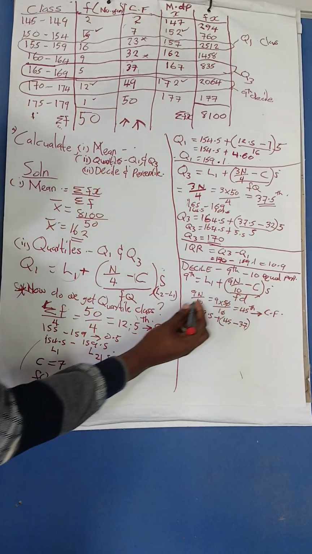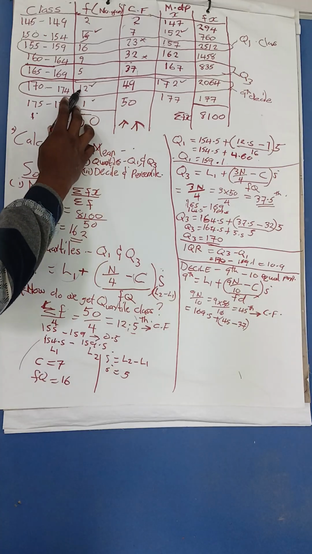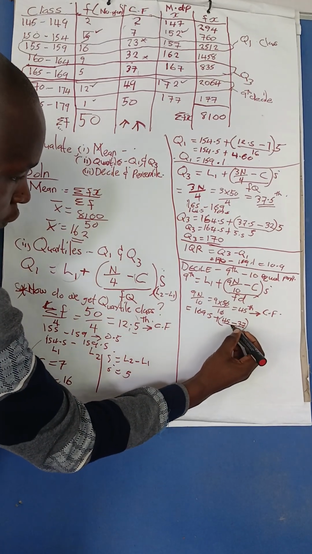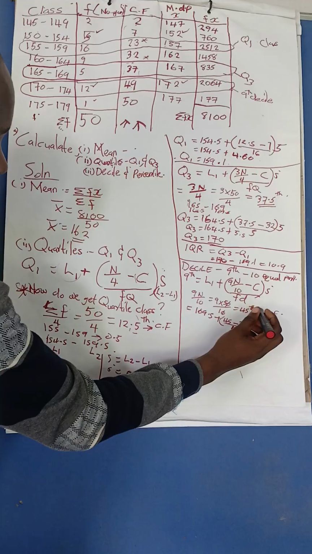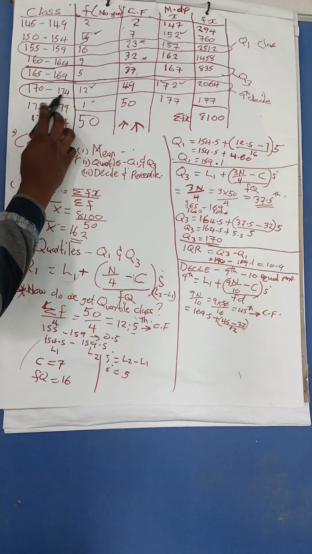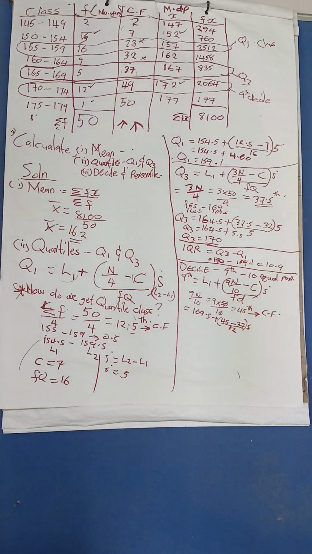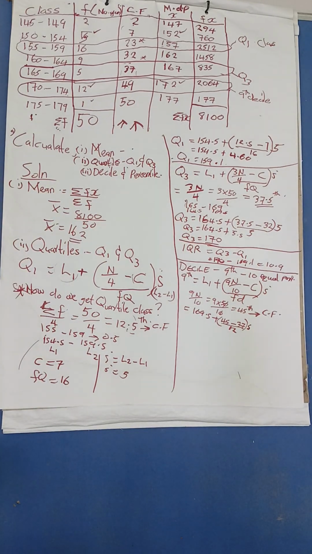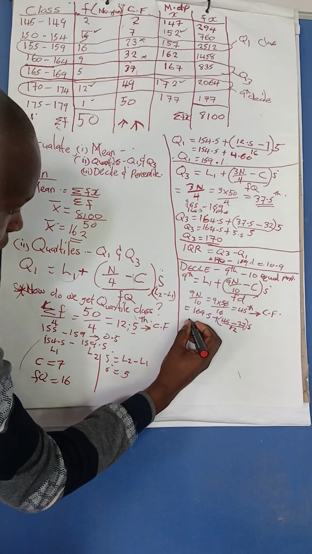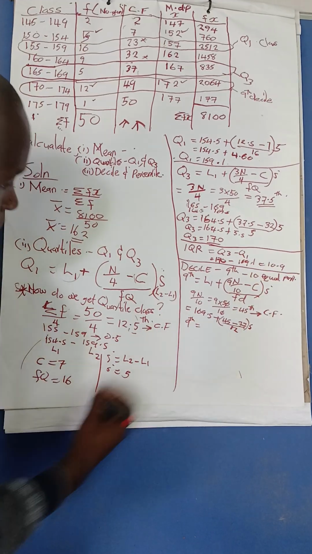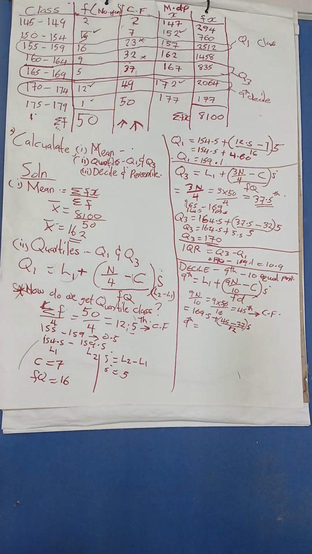Then you divide by the frequency of the decile class, which is 12. Then the class interval is 174.5 minus 169.5, which is 5. After you do that, you'll get your answer for the 9th decile as 172.80.